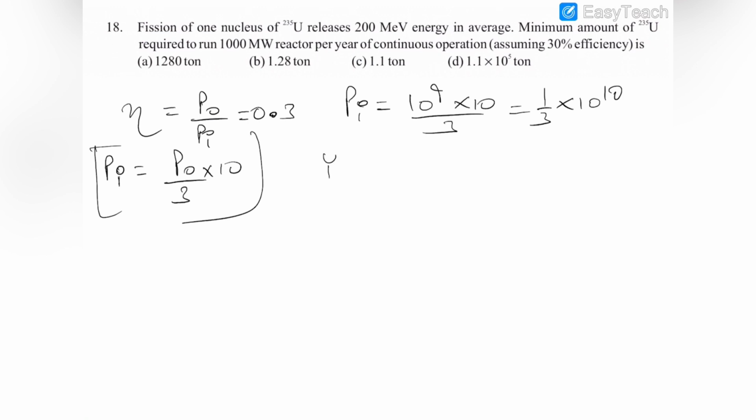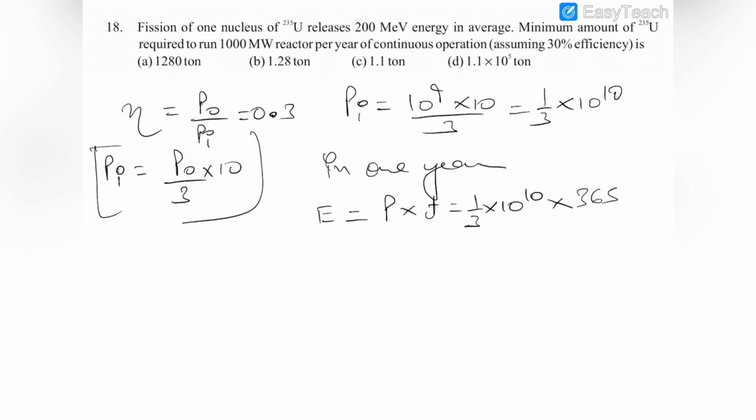So in 1 year, if we estimate the total energy required, then it would be power into time. So power is 1 by 3 into 10 raised to power 10, and the total time in seconds in 1 year is 365 into 24 into 3600.